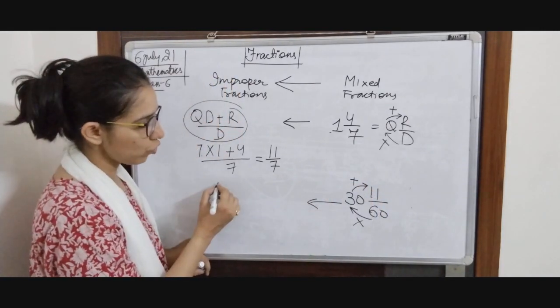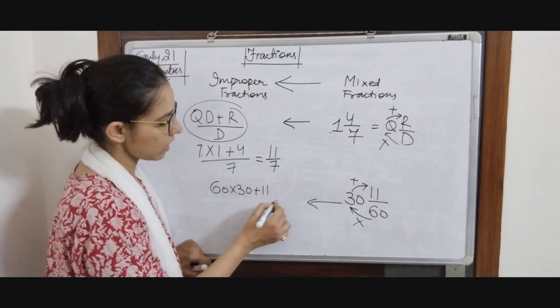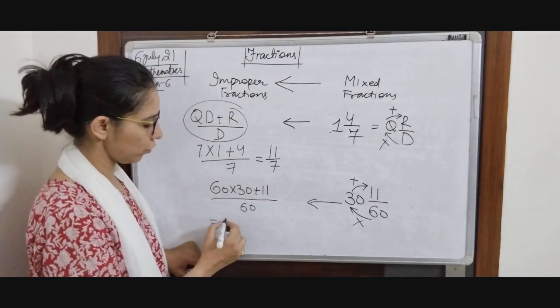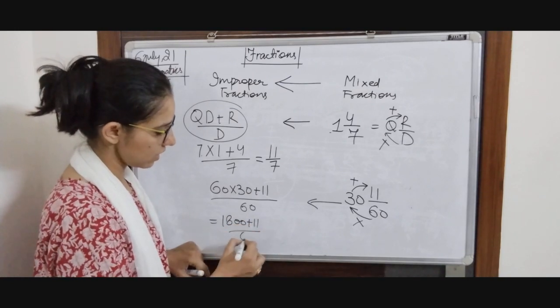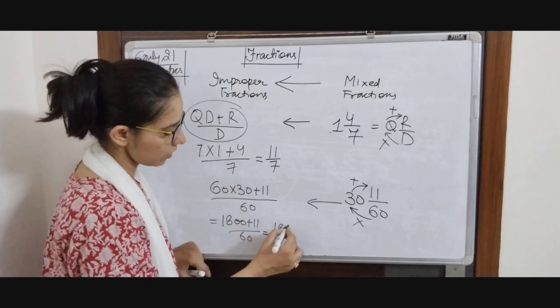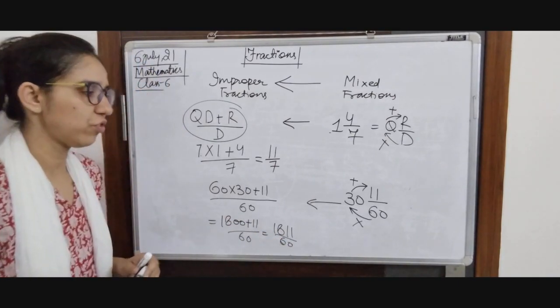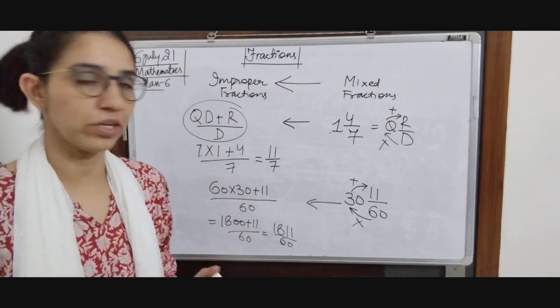So it is going to be 60 into 30 plus 11, and the denominator is going to be the same, that is 60. So 30 into 60 is going to be 1800, and plus 11 by 60, that is 1811 divided by 60.